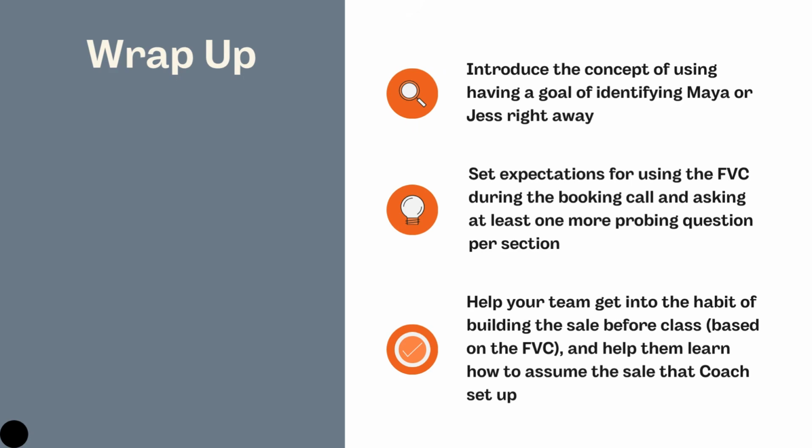And then just help your team get into the habit of building that sale before class so they already have it in the back of their mind. When an objection comes, they have that in their back pocket that they can push out. And we teach them how to assume the sale from the coach.